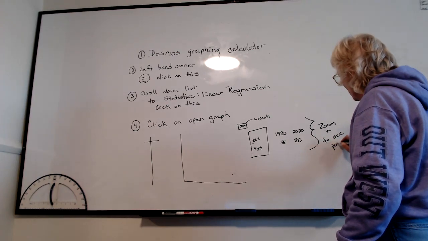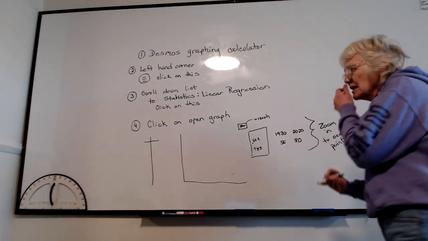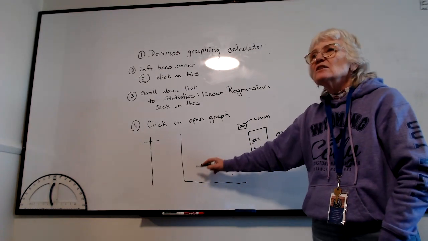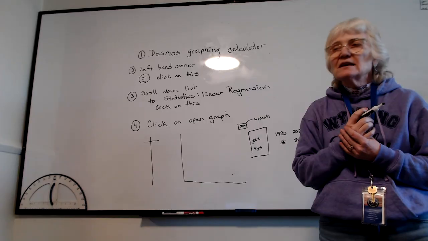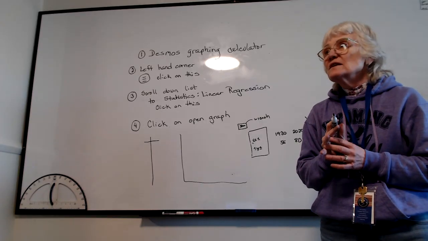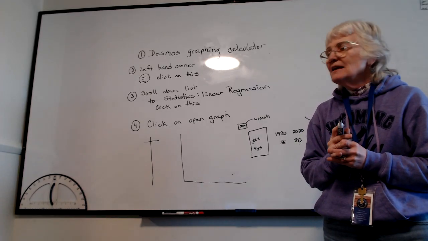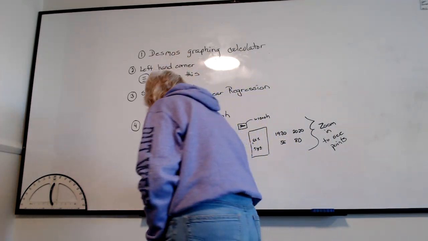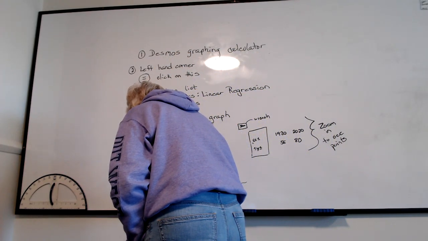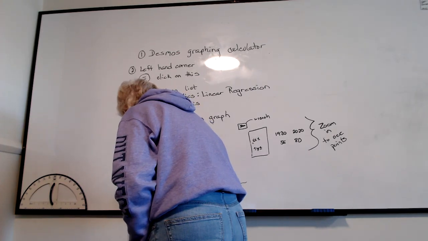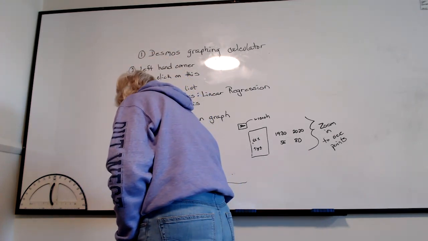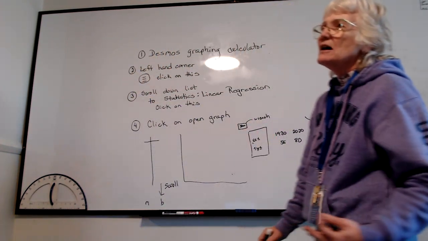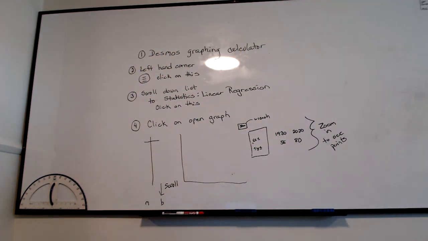Okay. Then you can see the graph. You'll see a line that they have drawn in. That is the best fit line. Then if you scroll down this direction, you will find an M and a B. It'll say linear regression.